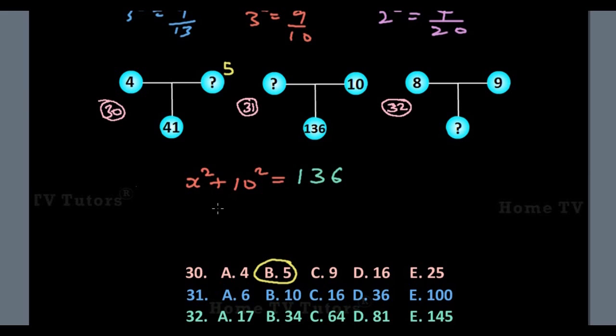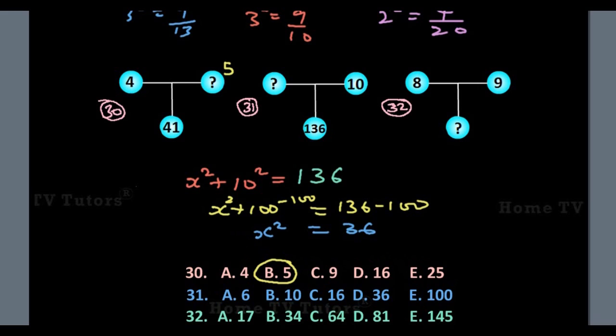Now we subtract the square of 10, which is 100, from both sides. On the left hand side we are left with x squared. Then 136 minus 100 gives us 36.